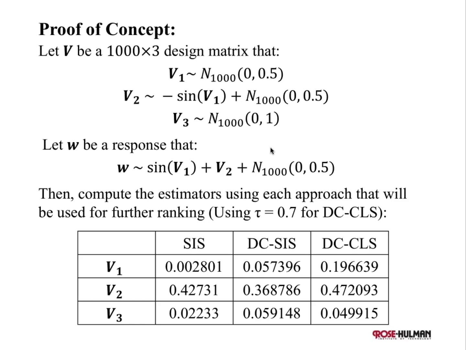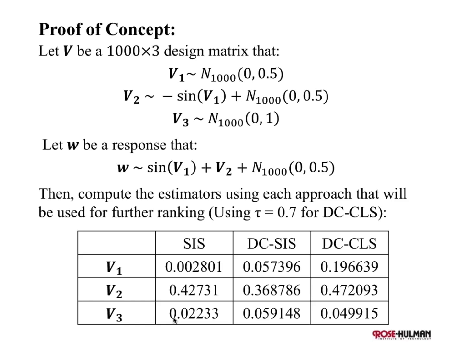And so my question is, the numbers in that table, are those like coefficient values? Oh, okay. So for SIS, the values are actually just marginal Pearson's correlations. So what we did is basically calculate the correlation between V1 and W, and then calculate the Pearson's correlation between V2 and W, and V3 and W, and so on.